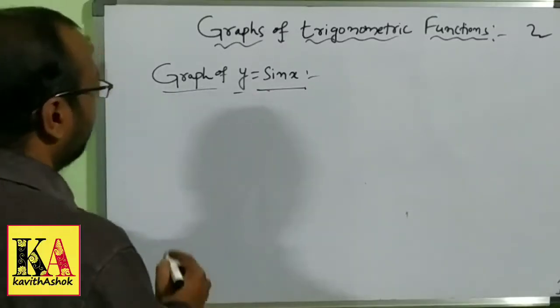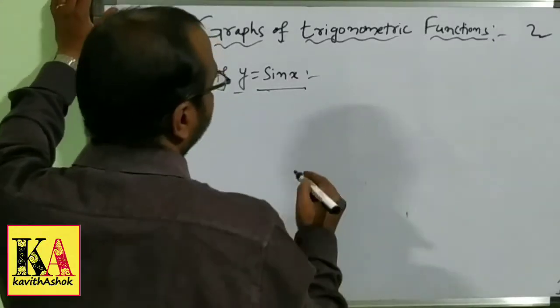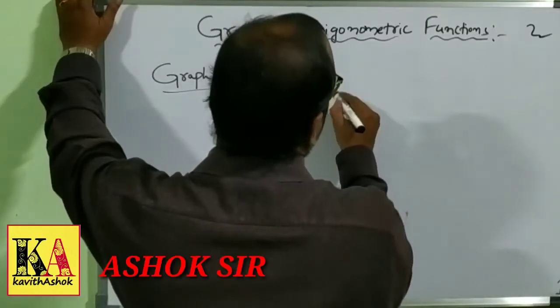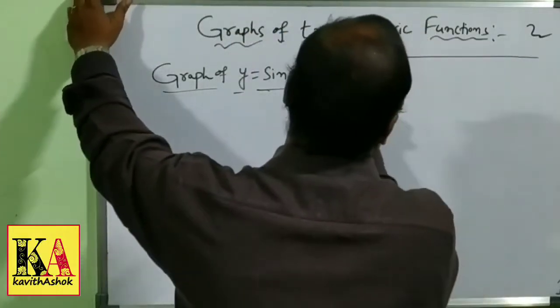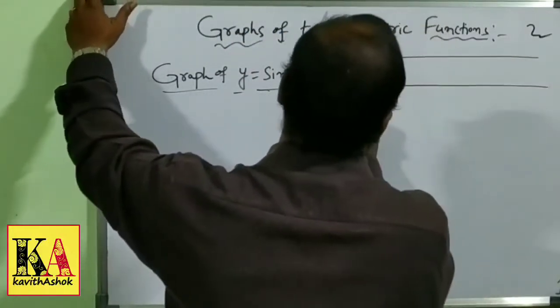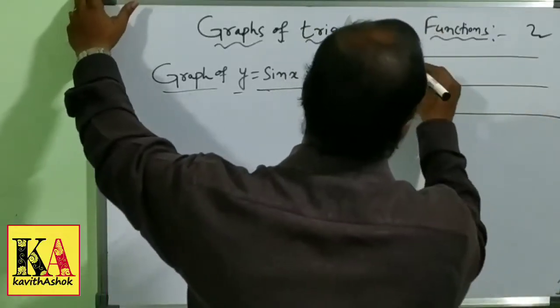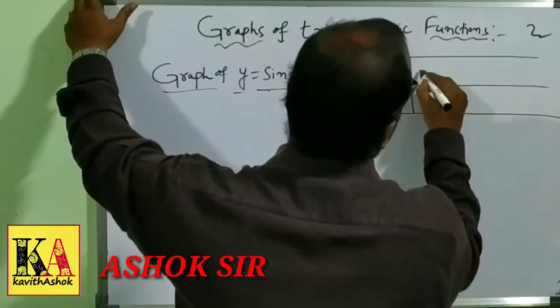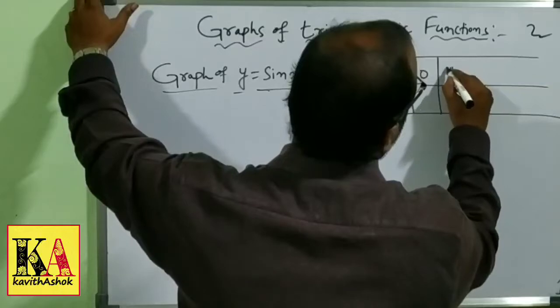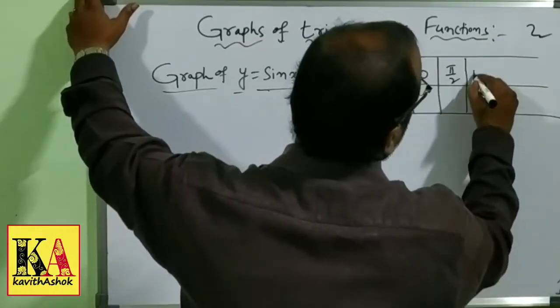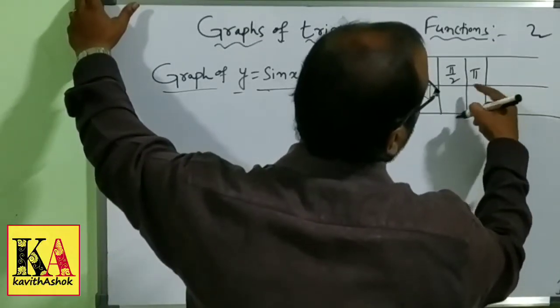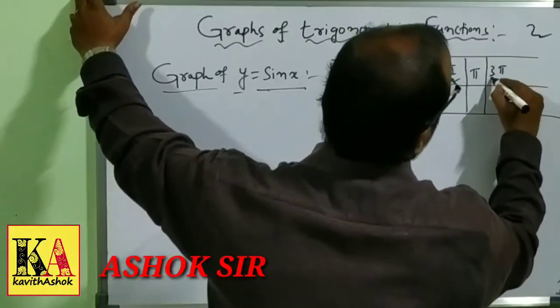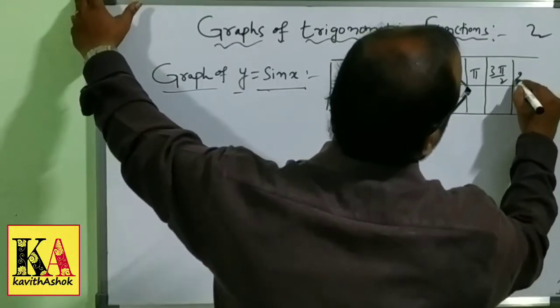Look here now. First we will take the tabular form. The x values are 0, pi by 2, pi, 3 pi by 2, 2 pi.